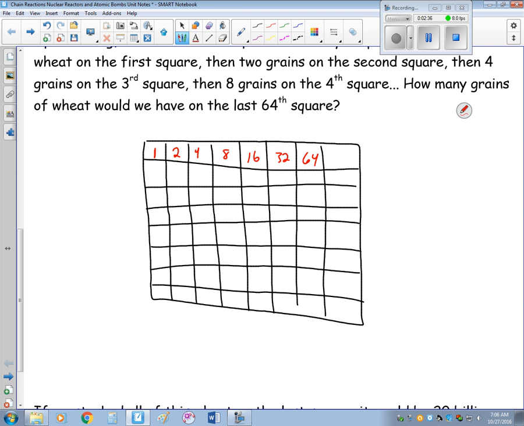In other words, if I were to use math, on the first square that would be like 2 raised to the 0th power, which equals 1. On the second square, that'd be like 2 raised to the first power, which equals 2. On the third square, that'd be like 2 raised to the 2nd power, which equals 4.